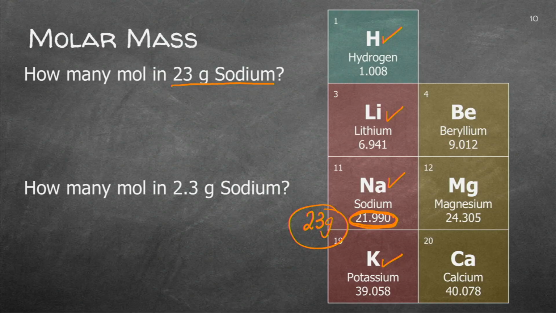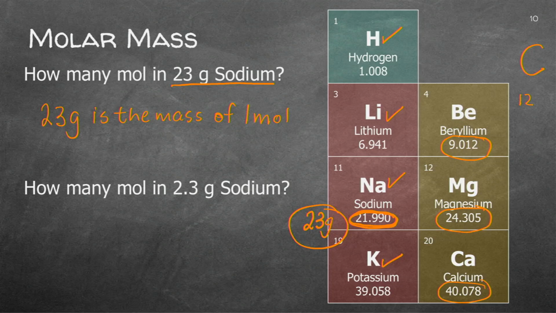How many moles in 23 grams? Well, it says here 23 grams is the mass of what? Of 1 mole. Because they measured carbon and they got 12, they measured beryllium, they measured magnesium and calcium. That specific number there is the mass of 1 mole.